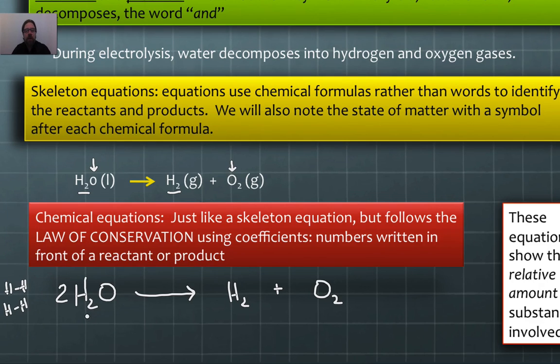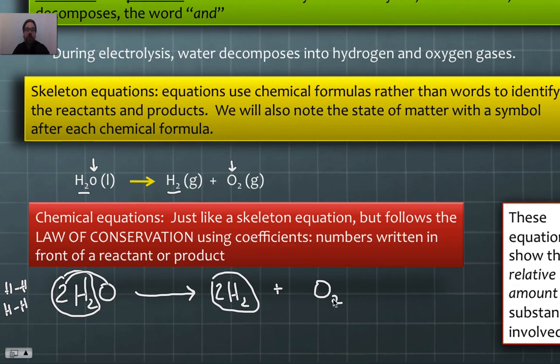When we balance equations, we're in the business of counting atoms. So on the left right now I have 4 hydrogen atoms, and on the right I have 2. So there's a quick remedy for that as well, which is put a 2 in front of this, and now I have 4 hydrogens on the left-hand side, I have 4 hydrogens on the right. Here I have 2 oxygens on the left, and here I have 2 oxygens on the right.